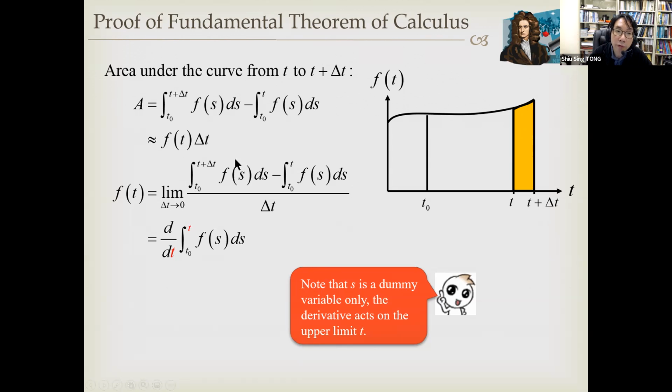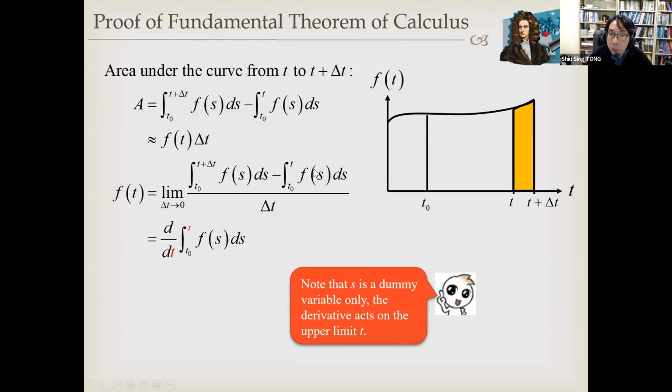Now, if I divide the whole equation by delta t, and I take the limit where delta t tends to 0, the equality will be exact. The two sides will be exactly equal to each other in the limit where delta t is equal to 0, right? Now, but what is this?